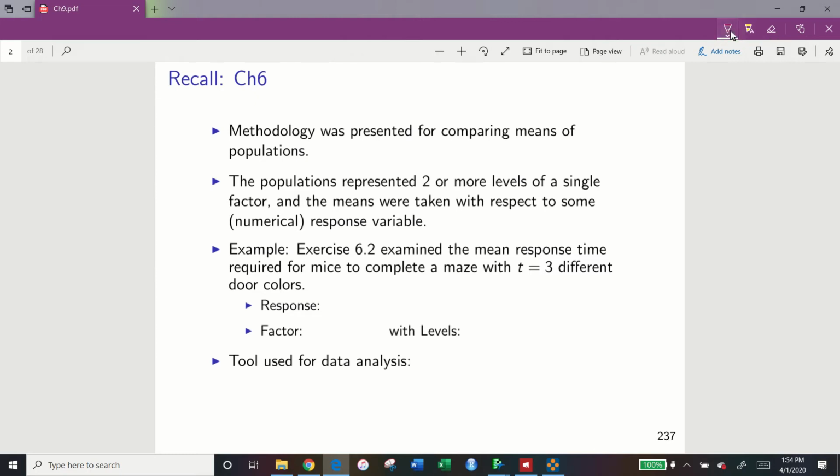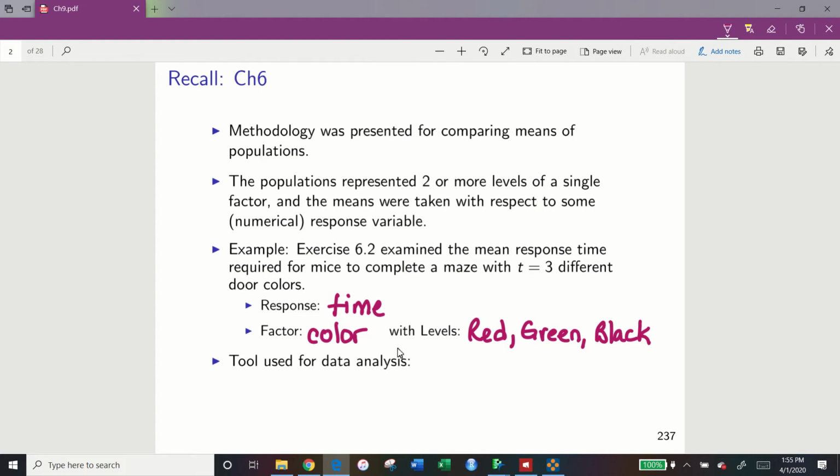For our case, our response time had a factor color, and those colors had 3 levels: red, green, and black.